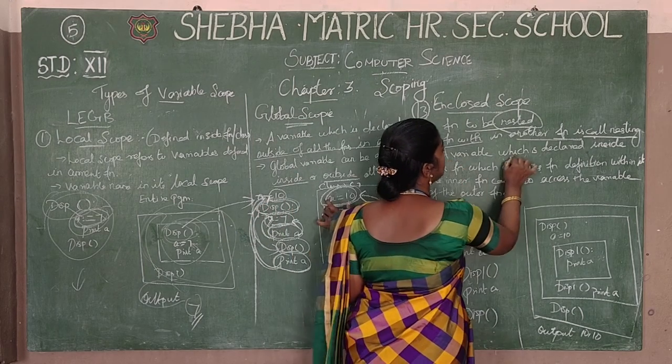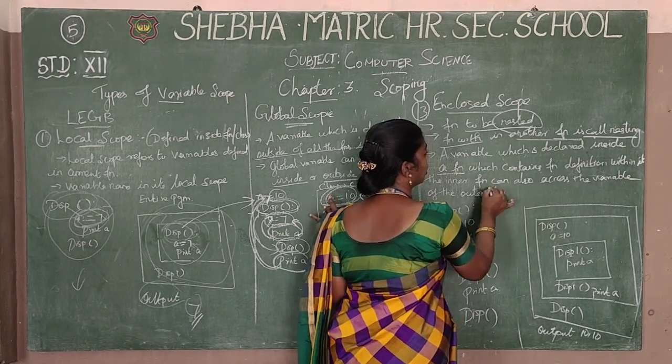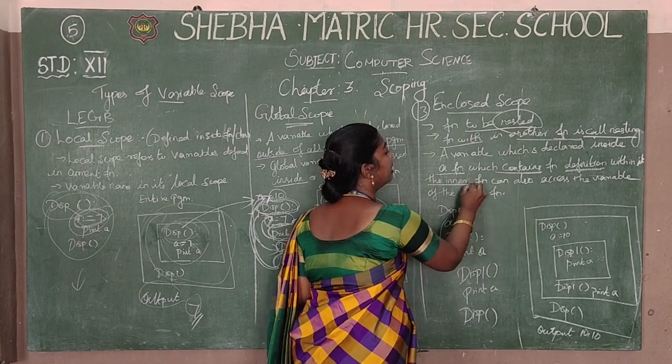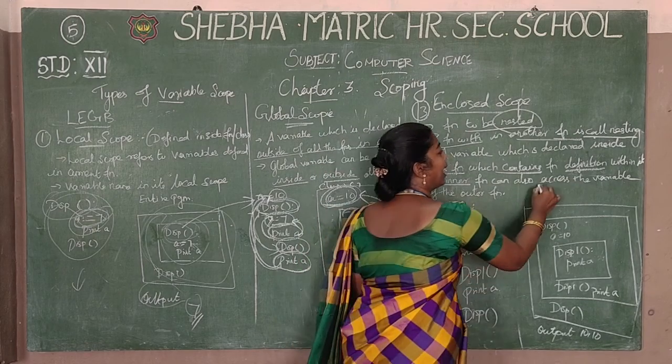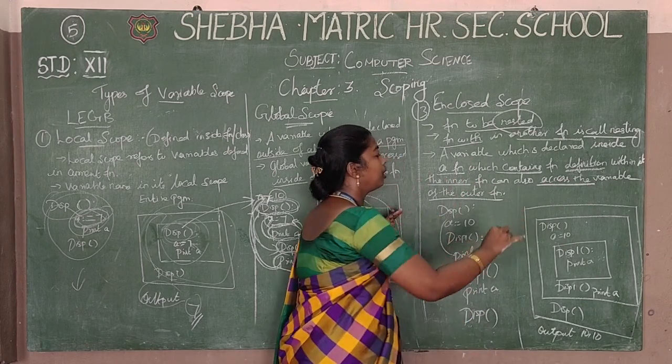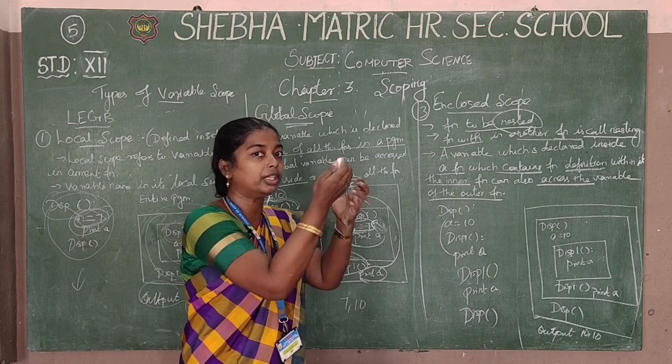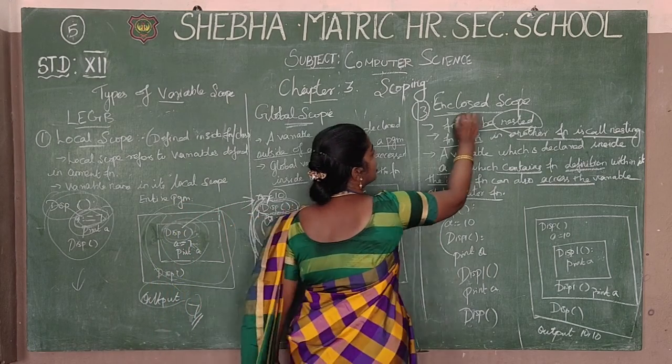A variable which is declared inside a function that contains a function definition within it, the inner function can also access the variable of the outer function. If the inner function accesses the variable of the outer function, that is the enclosed scope.